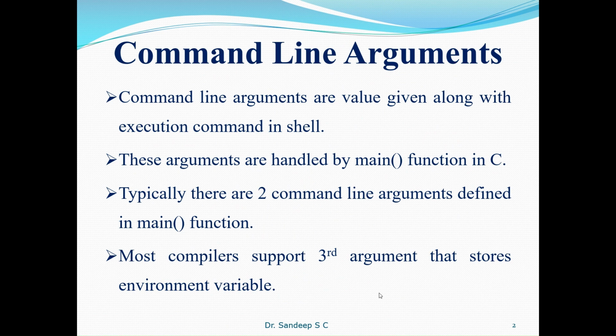However, most compilers do support a third argument as well, which stores the environment variable. So the first two are quite important. We'll see the first two in detail, and also how the third argument is given and how we can use it in the program.